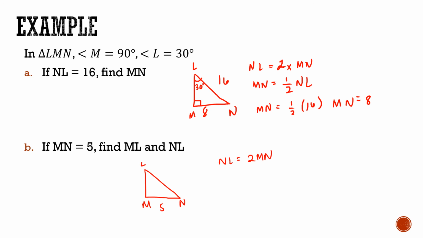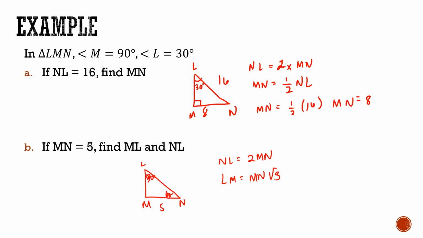And to find LM, that is equal to the shorter leg, which is MN, times square root of 3. Again, this is your 30-degree angle. Therefore, N is a 60-degree angle.